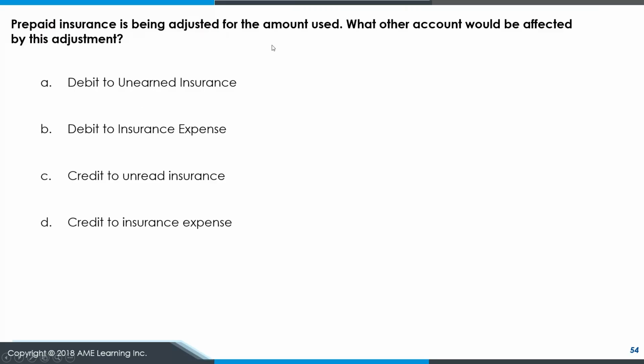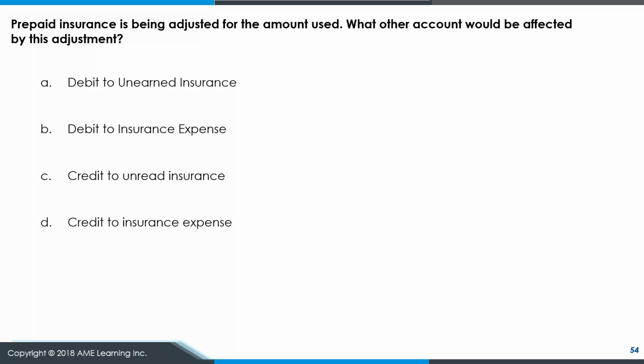Okay, prepaid insurance is being adjusted for the amount used. Which account would be affected? Similar to prepaid rent, where the rent expense is affected, and office supplies getting used up go to supplies expense, in this instance prepaid insurance being adjusted will go to insurance expense. And remember, if we want to think, okay, we need to increase insurance expense, is that a debit or a credit?